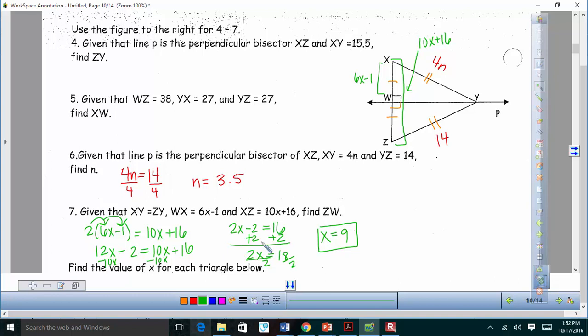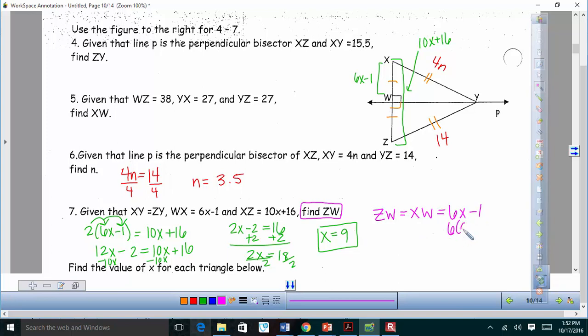So how would I find ZW? What would I plug it in for? Very good. So ZW is equal to XW, which was 6x minus 1. So we just take 9 and plug it in.